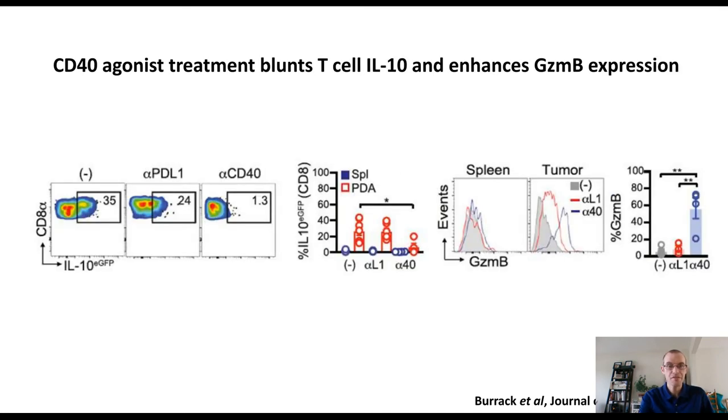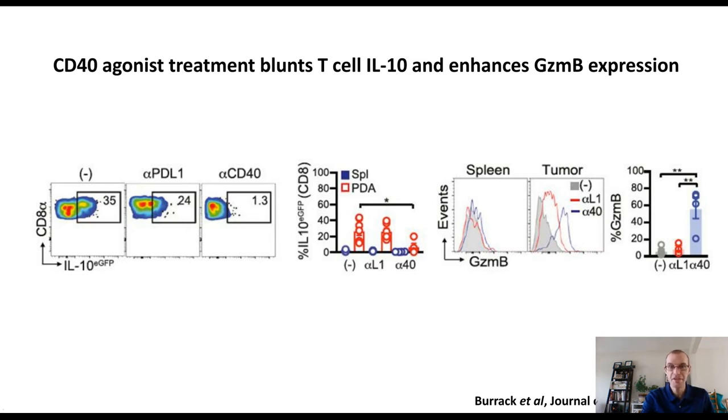In addition, IL-10 expression is downstream of IL-27 receptor signaling. So it was rational, in our minds at least, to think that IL-27 exposure of T cells could have been driving that IL-10 expression that we saw earlier with the reporter mouse. And it turned out that CD40 agonist treatment, on the left, decreased the proportion of CD8 T cells that were IL-10 positive in the IL-10 reporter mouse, whereas PD-L1 blockade did not.